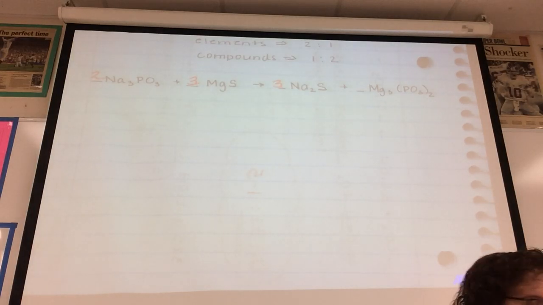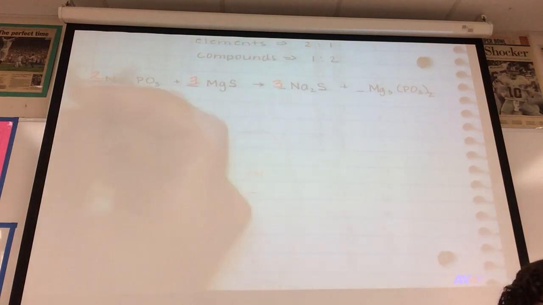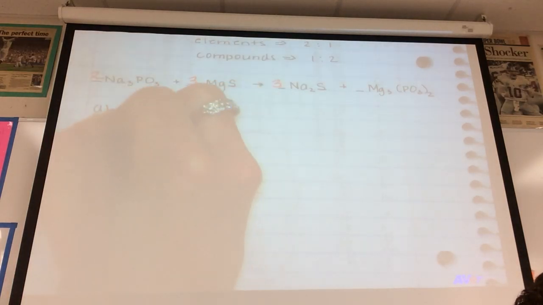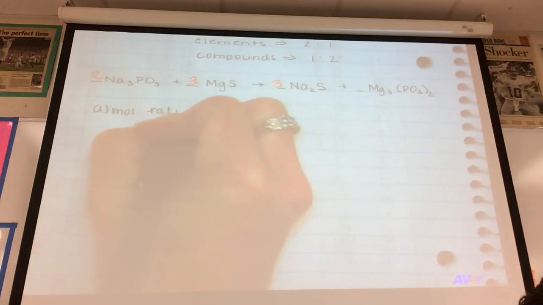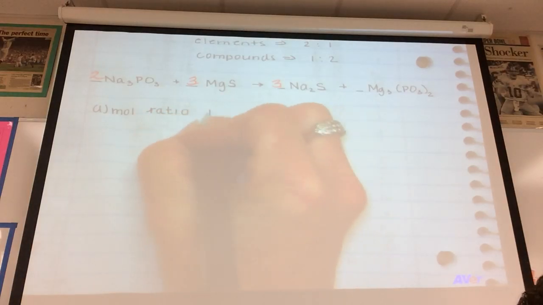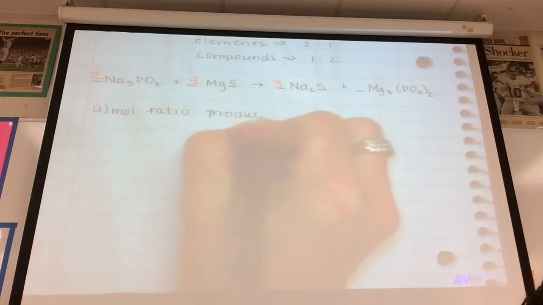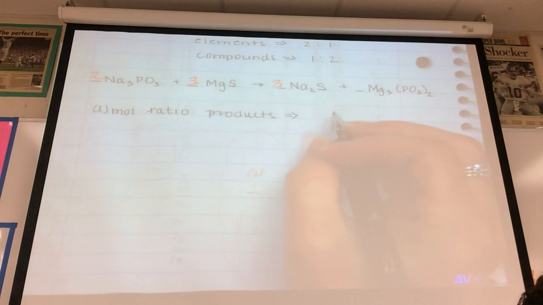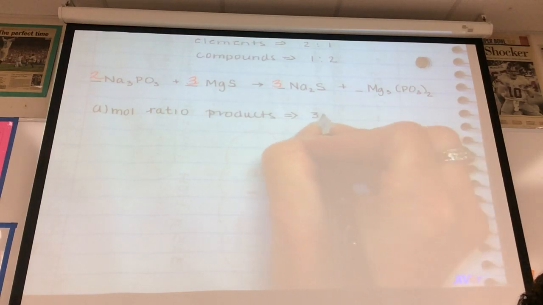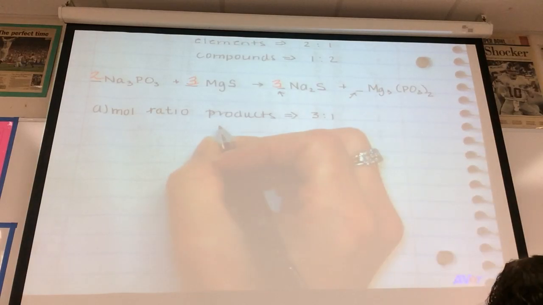Alrighty. It says, what is the mole ratio of products? What would you write? 3 to 1 is correct. You look at your two products, you look at their coefficients.